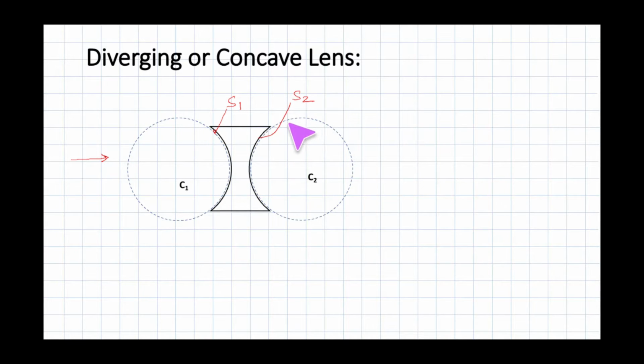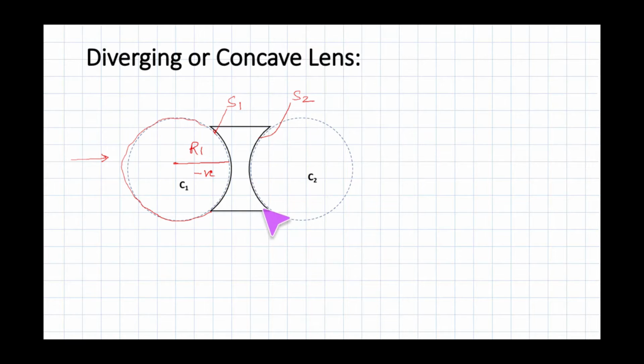When we talk about the first surface, it is a part of this circle that we see, so the radius of curvature of surface S1 is treated as R1, and it is negative, that you remember.